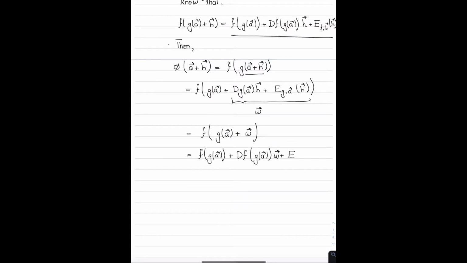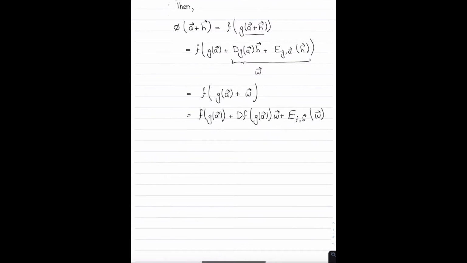The error term will still be the error term of f and b evaluated at w. So the only thing we've done is replace the vector h with the vector w, but now you'll see something really interesting. Phi of vector a plus vector h is equal to this.